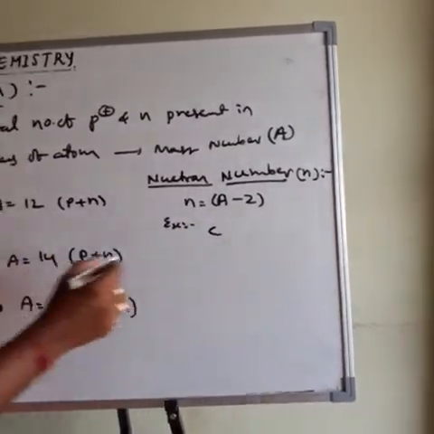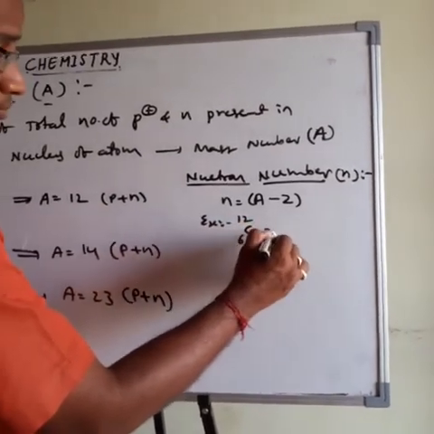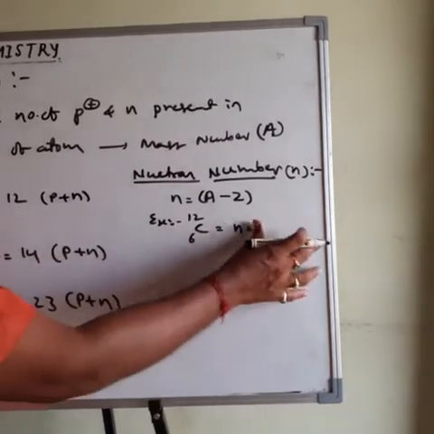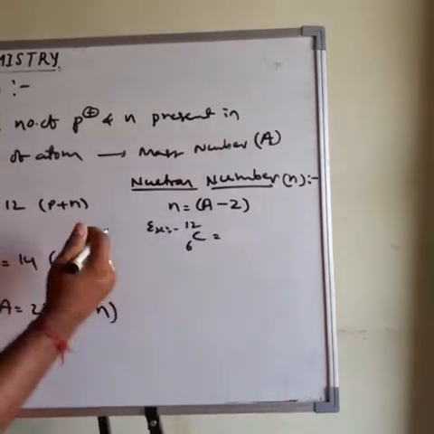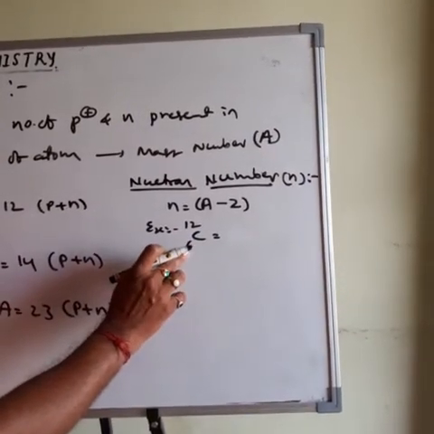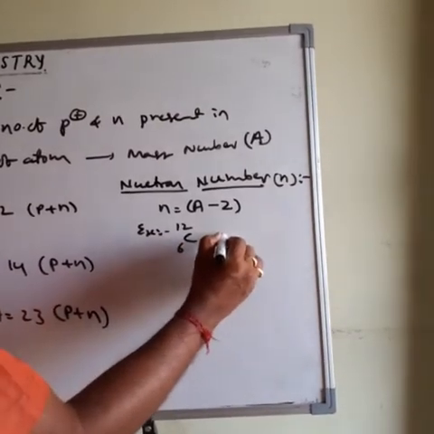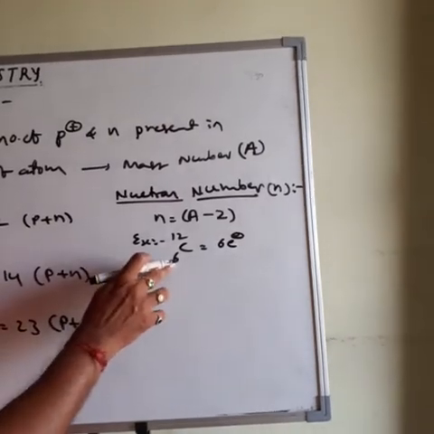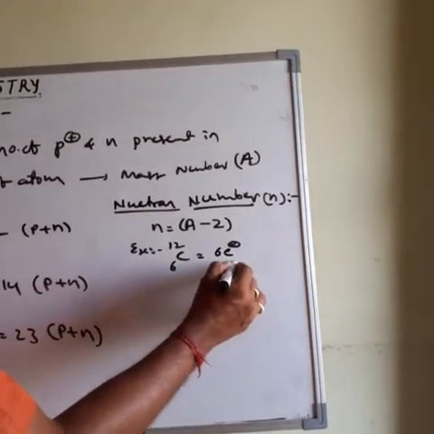Let us take carbon 6, 12. Here, first we take the electron number. Just now I told you the electron number is equal to the atomic number. So here Z is equal to 6, it contains 6 electrons, and Z equal to 6 also means it contains 6 protons.